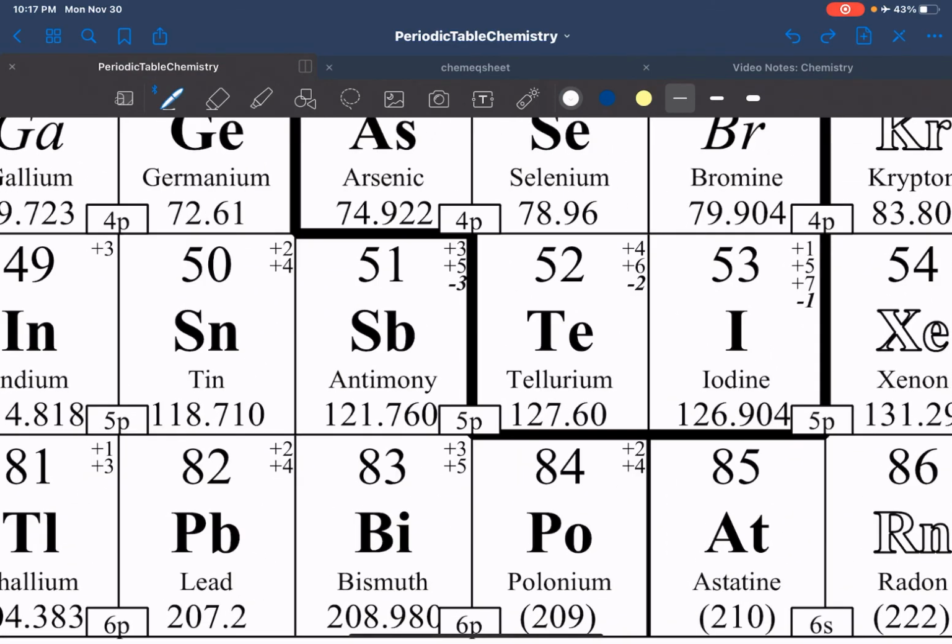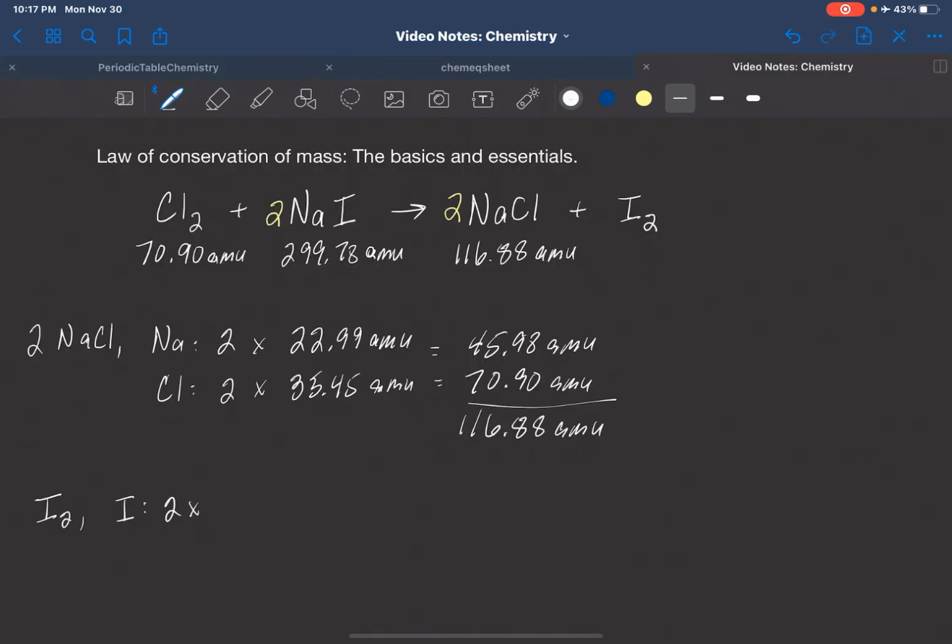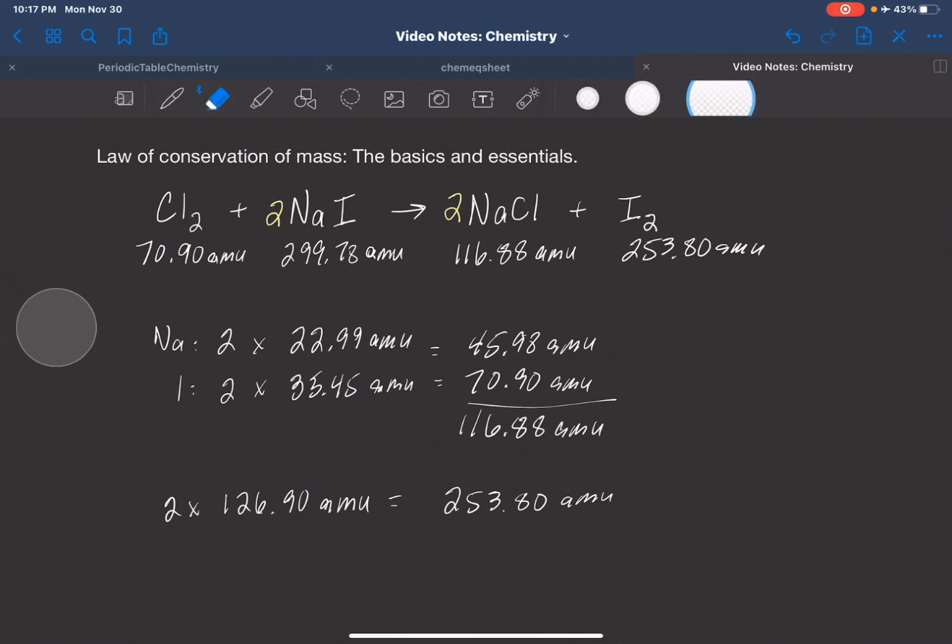Yep, 126.90 AMU, atomic mass units. So 126.9 times 2 is 253.80 AMU.